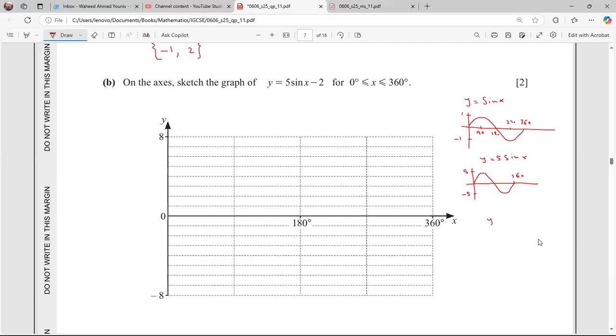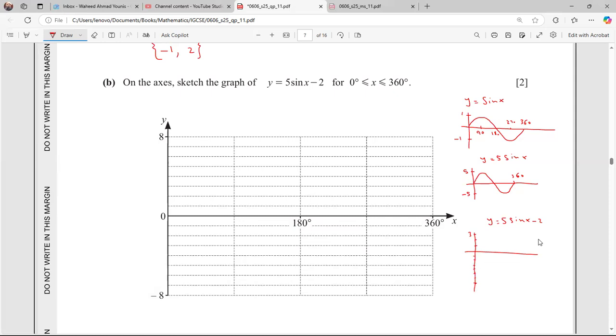Okay, and if I have y equals 5 sine x minus 2, it means I just need to pull this graph down by 2. So instead of this 5, it will become 3. So 1, 2, 3. And minus 5 is going down to minus 7. So 1, 2, 3, 4, 5, 6, 7.